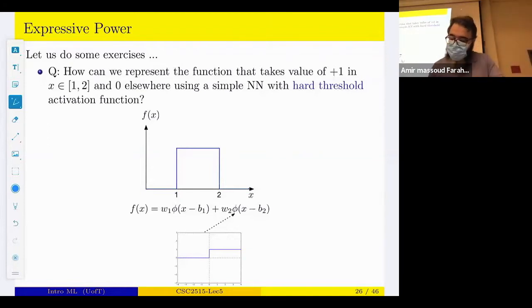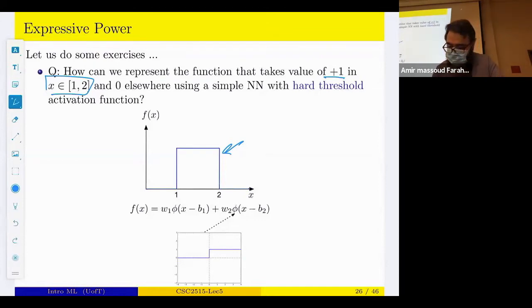So suppose you want to represent a function that takes the value of +1 in this region, x between 1 and 2, and 0 elsewhere. So it's +1 here and 0 elsewhere. You want to represent it using a simple neural network with a hard threshold activation function.